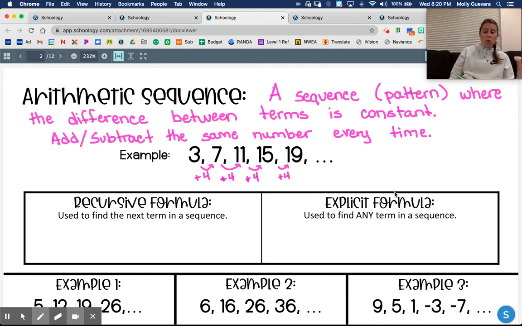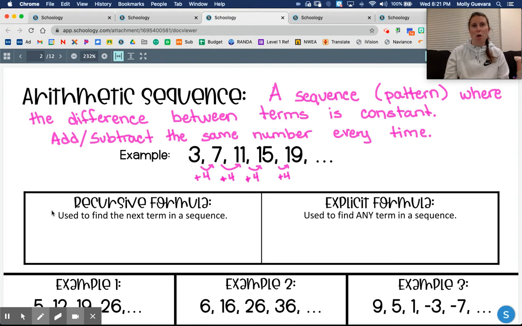Now, there are 2 types of equations that we can write when we're looking at arithmetic sequences. The first one is called the recursive formula. This is used when we want to find just the next term in the sequence.